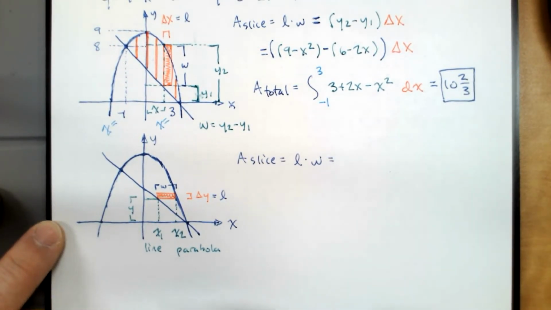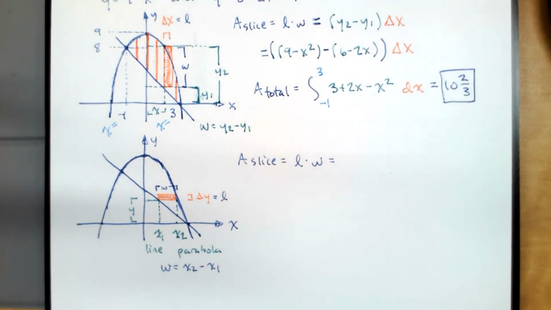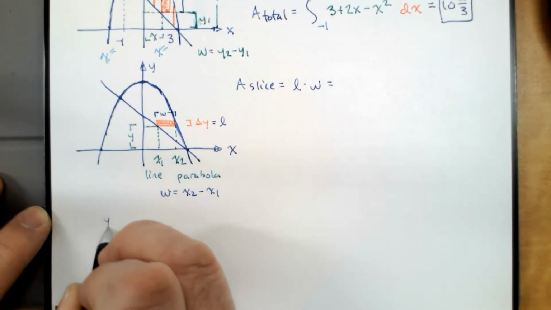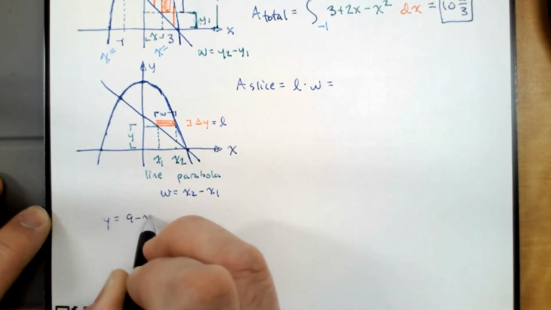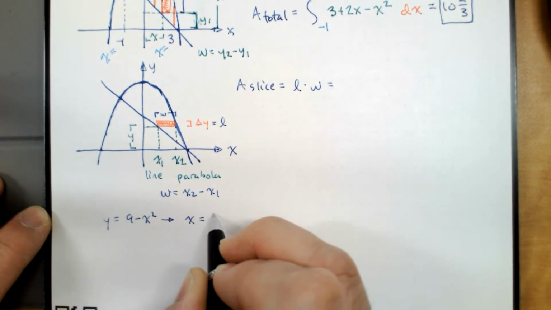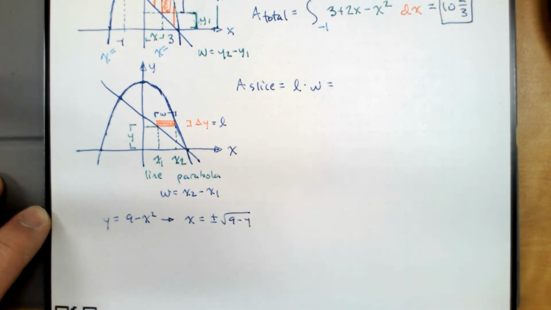W is x2 minus x1. I'd have to rewrite my parabola to solve for x. If y is 9 minus x squared, I think we found out last time that x was plus or minus the square root of 9 minus y.